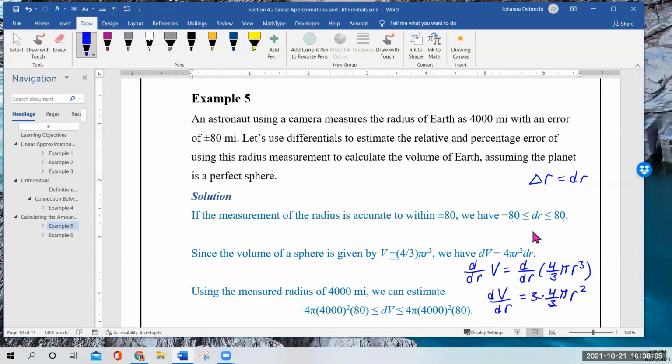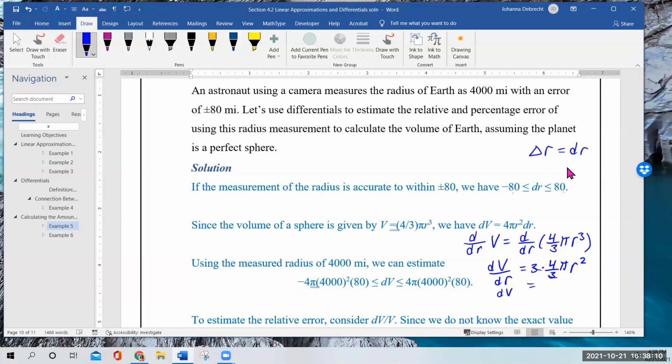The 3's cancel, and we end up with dv dr equal to 4 pi r squared. Then we do what's called an abuse of notation, where we swing the denominator differential around to the right-hand side. This is an abuse of notation since the derivative operation is an operation and not a fraction, but it works, therefore we do it. Just consider it to be part of the genius of Leibniz's notation.